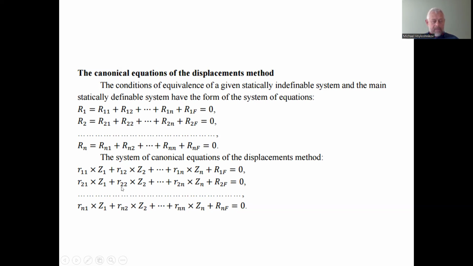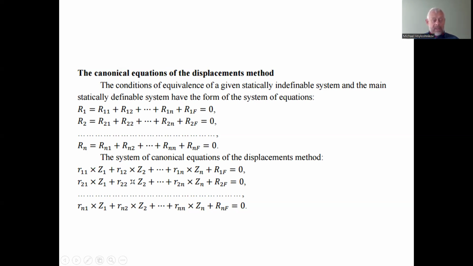This, for example, is a factor for the displacement in the second extra support installed when making the main system from the assigned statically indeterminate system, and the force of unit displacement, a kinematic action of unit displacement in the same direction.